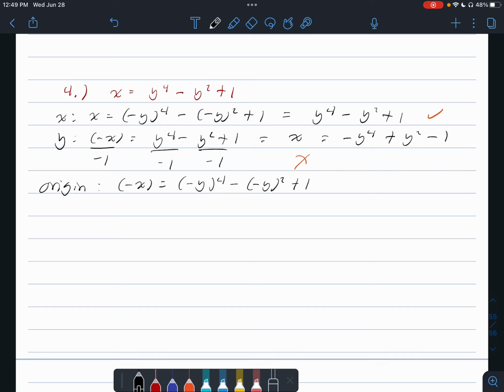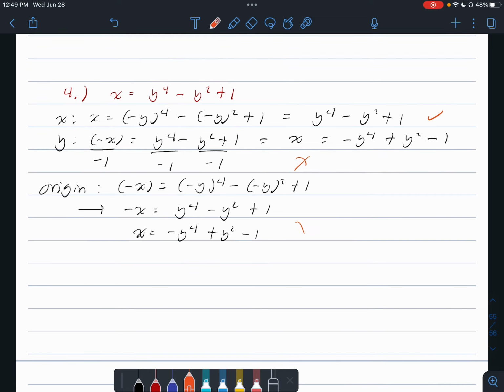So this will give us negative x is equal to y to the fourth minus y squared plus 1. We already solved this one, so we have x is equal to negative y to the fourth plus y squared minus 1. So this is not symmetric with respect to the origin.